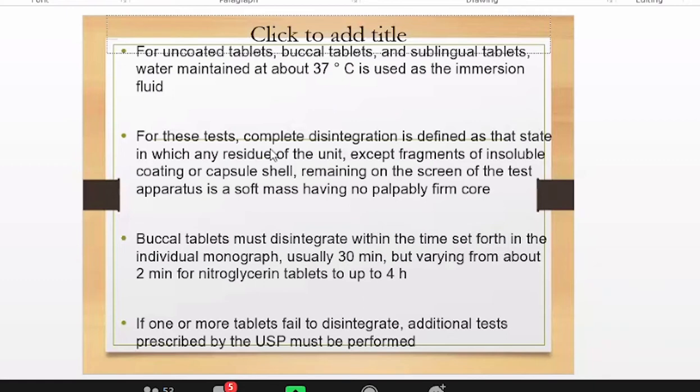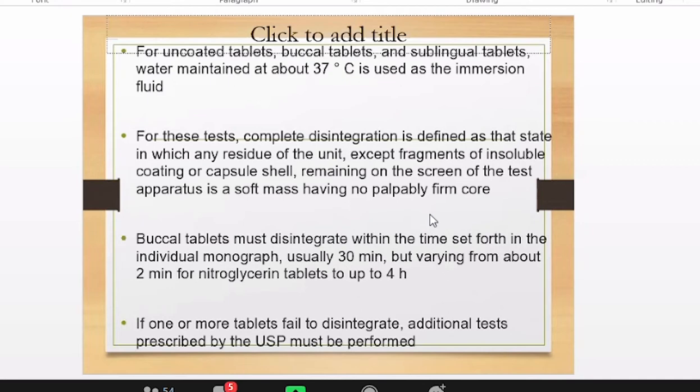For these tests, complete disintegration is defined as the state in which any residue of the unit, except fragments of insoluble coating or capsule shell, remaining on the screen of the test apparatus, is a soft mass having no palpably firm core. So you are going to define disintegration as a point where the tablets you started with are simply a soft mass and there is no firm core within that tablet.